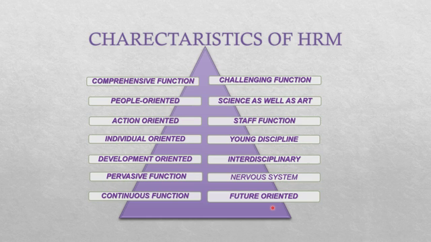So when new employees are hired for a job, it's not for a day or two, it is for the future. You do not want to get into the recruitment process every 1 or 2 months. So it is for the long term, so that the people who are working in your organization work for a longer period of time, so that they are more accustomed to what the organization is up to.